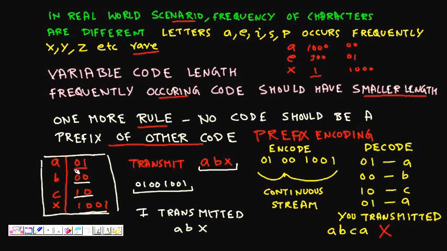This is 01, it belongs to A. So he writes that he has now got A. Then he sees 0, which is not matching anything. 00, okay, now it matches. 00 is B. And then 10. Oh, 10 is C. And then 01, okay, it's A. So he is happy. He says to his master, I have decoded, it's ABCA.